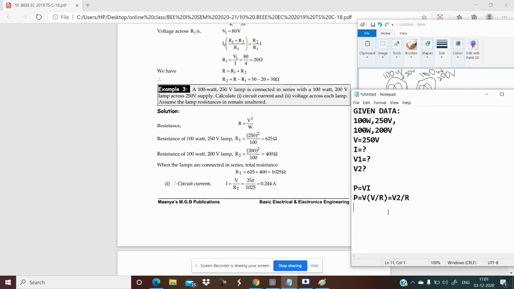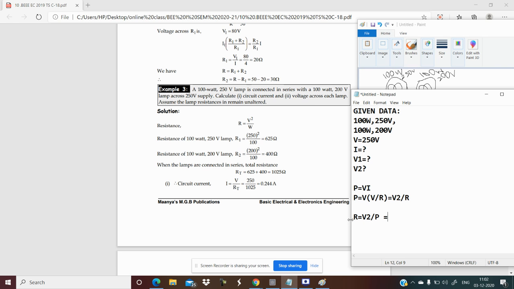Now we have to calculate the resistance. The given data is the power and the voltage. We don't have the current. So the resistance formula is R equals V square by P, that is power.